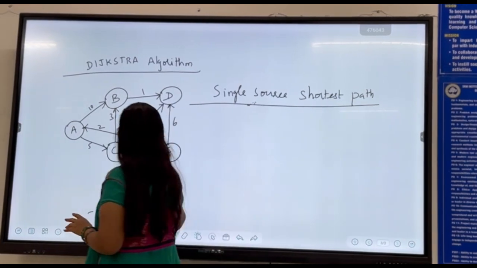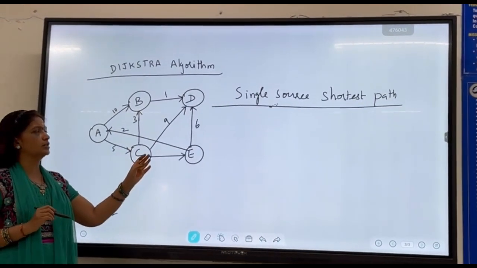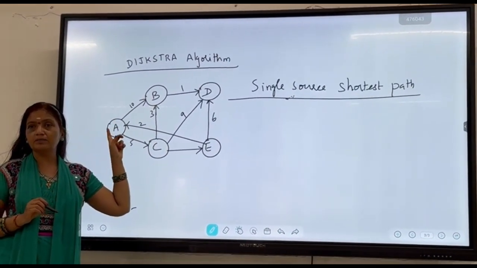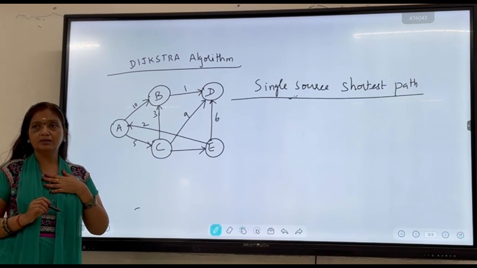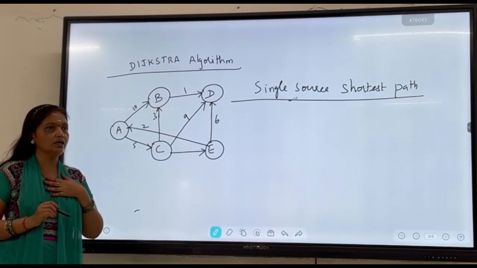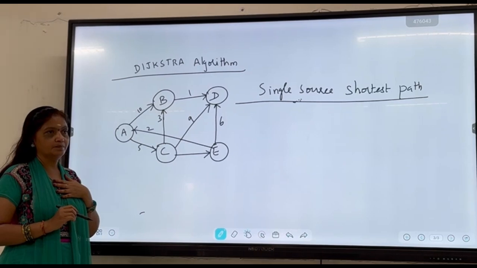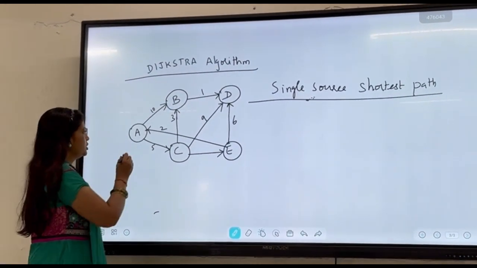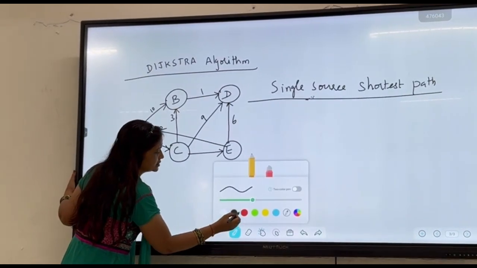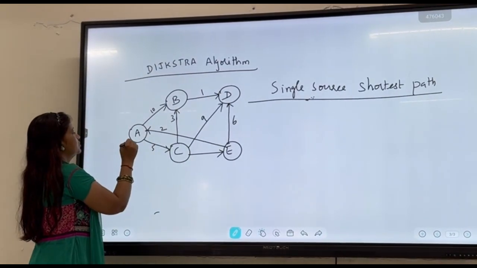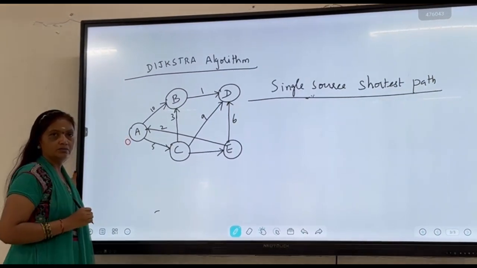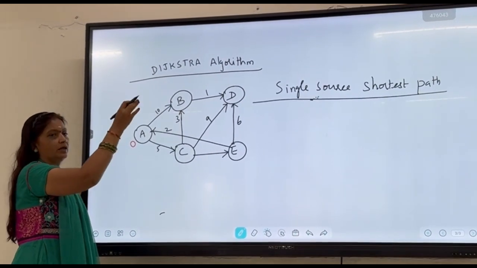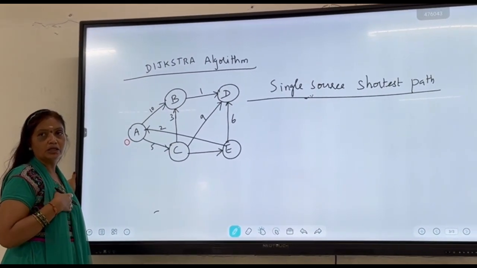Okay? Now given the graph, how many nodes are there? A, B, C, D, 5 nodes are there. So which node can I start with? Any node I can start with. For example, I am going to start with node A. So for node A, I am going to keep the distance as 0, initially node A to node A. A to other nodes, I don't know the shortest path.